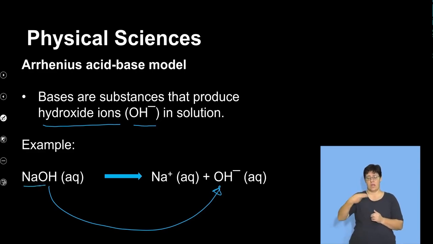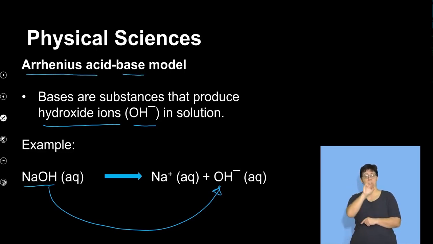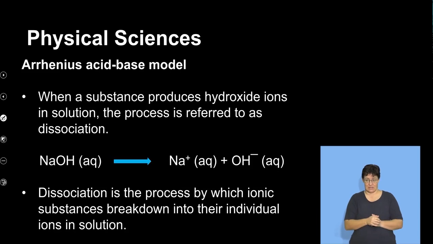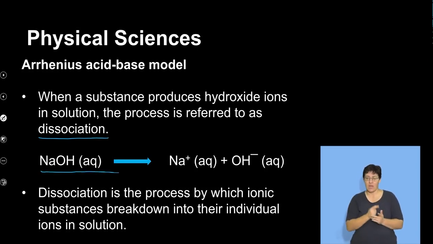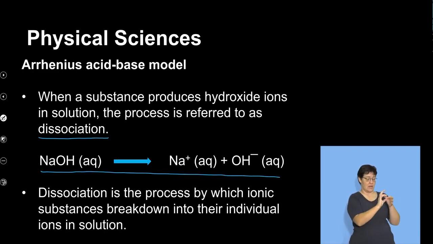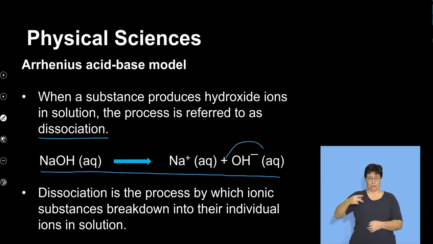So this substance, sodium hydroxide, is what we would refer to as an Arrhenius base, right? Okay. And then it goes further to say that these substances which produce hydroxide ions are referred to as bases. So the process of producing ions from bases in solution is dissociation. So this is the reaction that shows how dissociation of a base occurs, so that at the end of the day, we can get our hydroxide ion, okay?